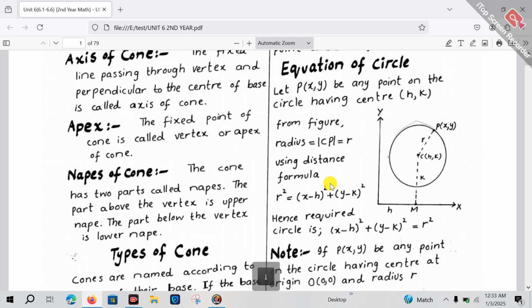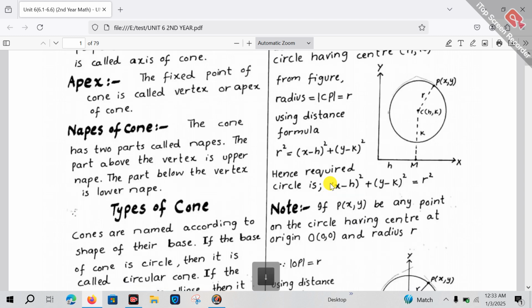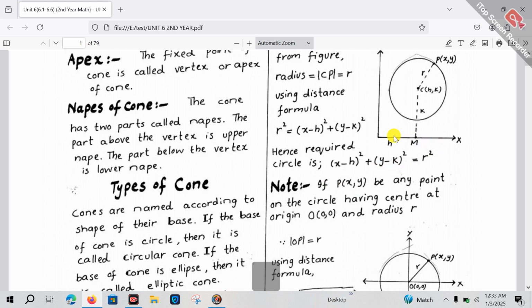Next is the equation of circle. We will not prove it, but we just remind it. Look at this: (x - h)^2 + (y - k)^2 = r^2. This equation is known as the standard form of the equation of circle.